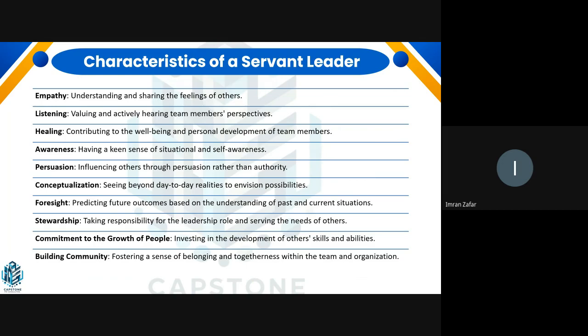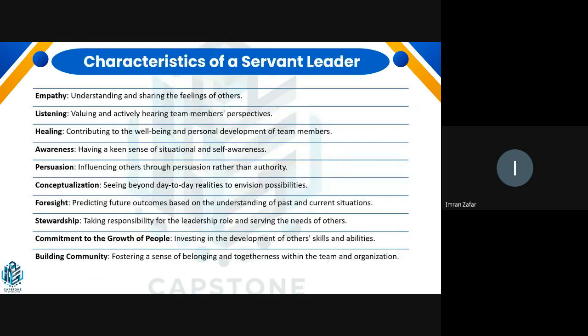So this is the kind of mindset you have as a servant leader. This mindset, or these characteristics, you should remember at least for your exam, because in scenarios you need to apply this servant leader mindset when you are selecting the choice from the given ones.